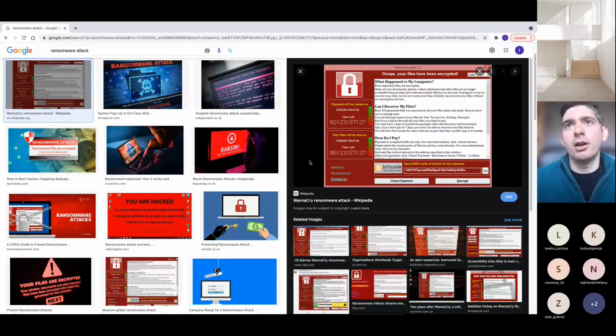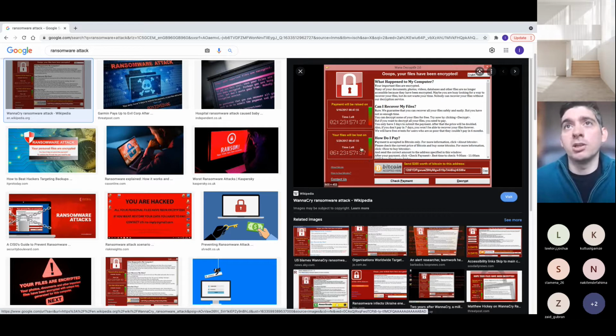A lot of individuals were caught by this too. This was back from 2017, so it was the big NHS one. Your computer's locked. You try and hit X, but it just reopens, and you had to pay either through Bitcoin or another way. You had to go to that address and pay Bitcoin.